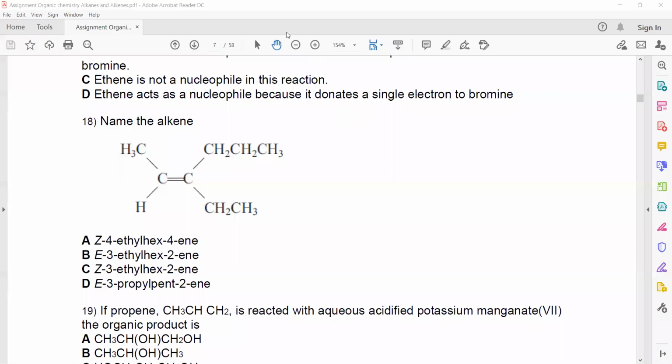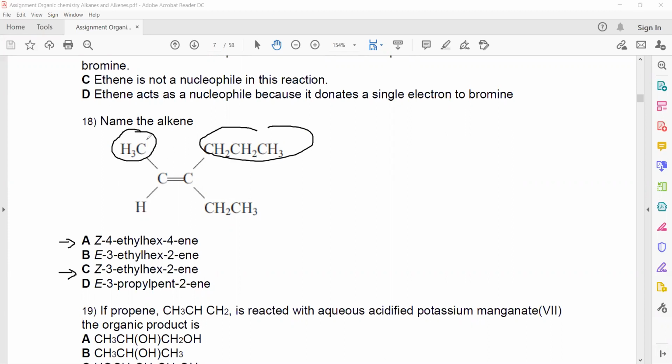So C is the right answer, because when you check, the heavy group is at the top. When you check the heavy group, because of more carbon, the heavy group is also at the top. So it shows that the heavy groups are on the same side, so it can be Z. So either A or C can be the answer.